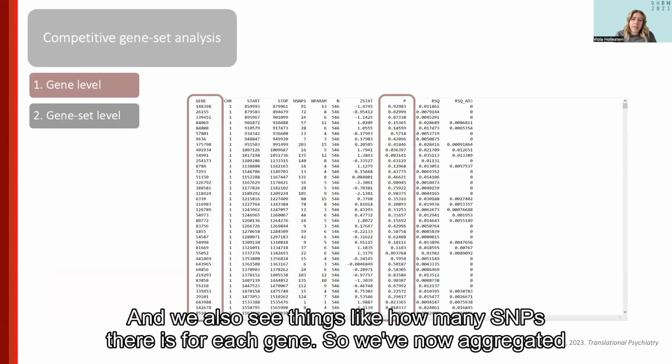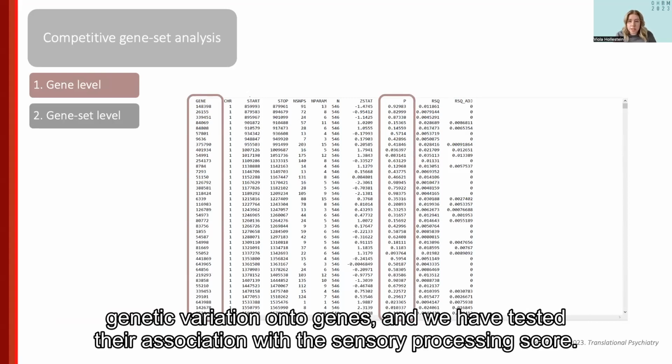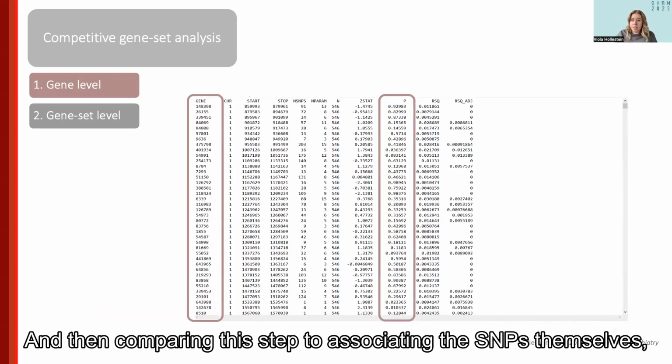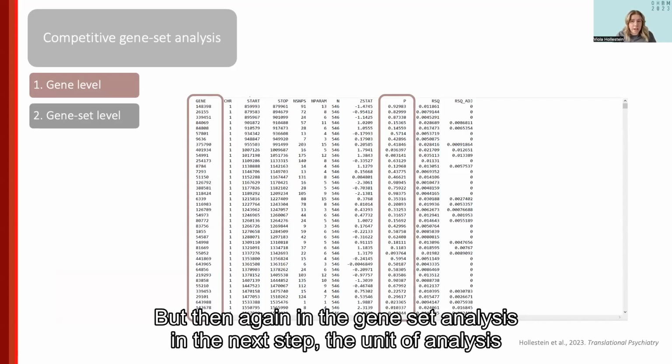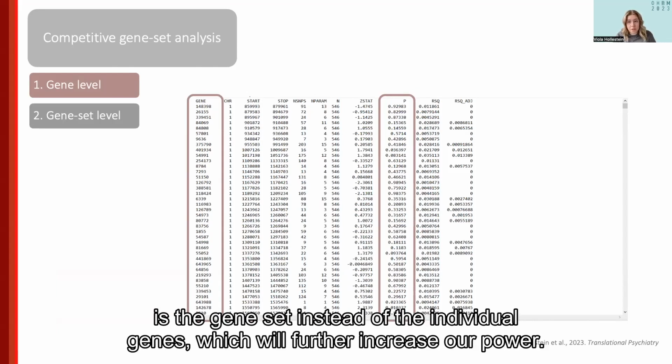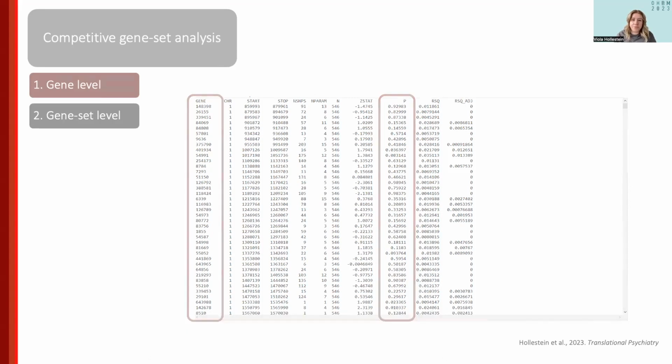So we've now aggregated genetic variation onto genes, and we have tested their association with the sensory processing score. And then comparing this step to associating the SNPs themselves, this is a lot fewer tests, which gives us increased power to detect these effects. But then again, in the gene set analysis in the next step, the unit of analysis is the gene set instead of the individual genes, which will further increase our power.